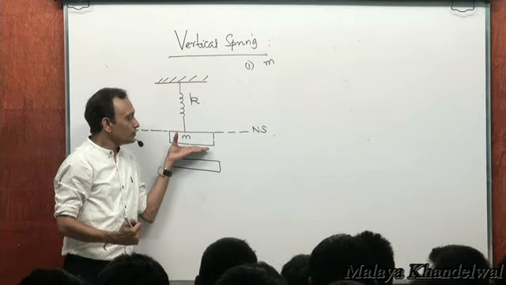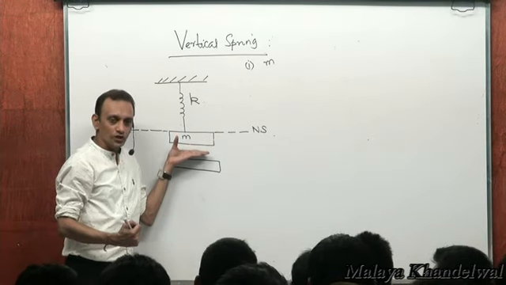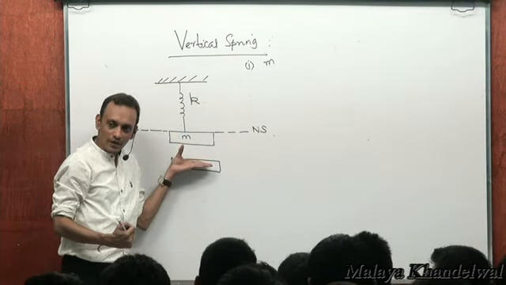But then it could go down if the palm is moved down. If the palm obliged, it would go down, and eventually the spring also elongates. At some point, where the velocity of the mass remains 0 at all instants, the spring elongates by an amount x naught.